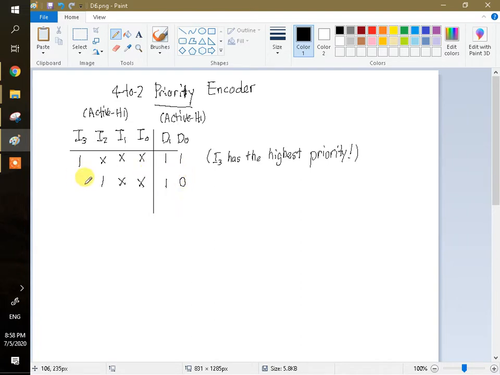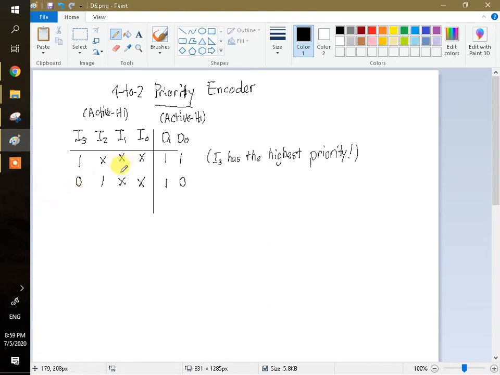But can we say this don't care? Cannot. If we say this don't care, that means it's already confused. Because 3 is higher than 2, what do you mean don't care? We cannot put a don't care here. We have to put a 0. You know why we need to put a 0?